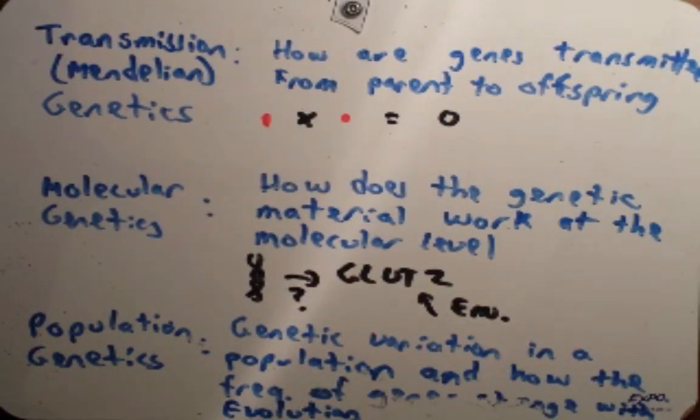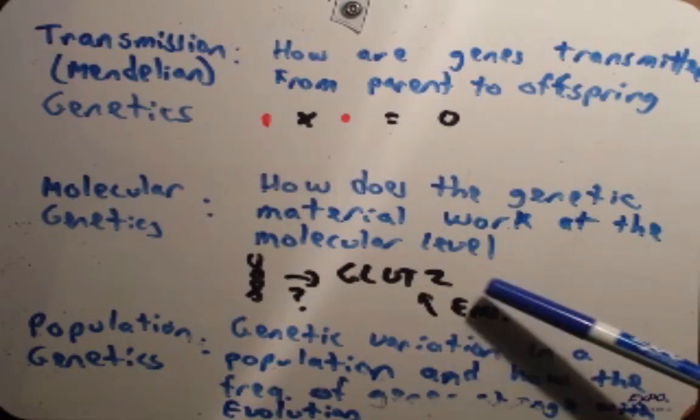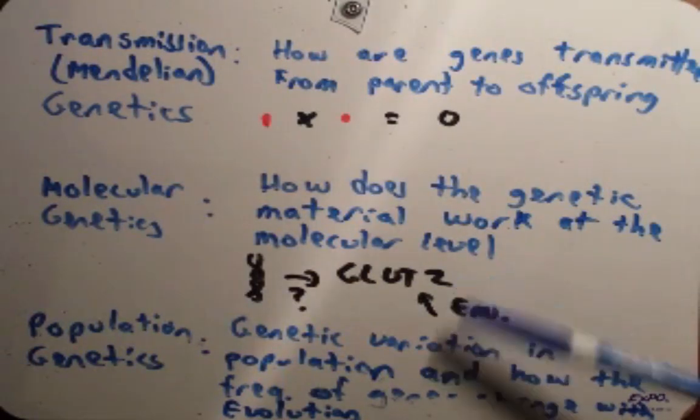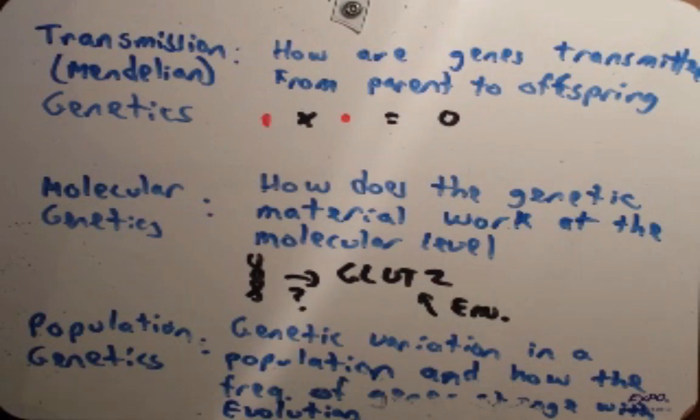So a population geneticist is going to be interested in looking at that population and determining the different kinds of GLUT2 genes there are and how the frequency of those genes change over time. Over time, one kind of gene or another may have a particular advantage to that population. And whatever that advantage may be, or disadvantage may be, that's the kind of question the population geneticist is interested in.